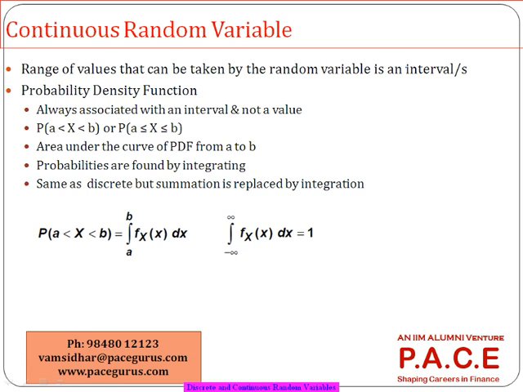See, if I say the number of claims made in a year, probably that can be discrete. I can say 0 claims are possible, 1 claim is possible, 2 claims are possible, and at the max, let's say some 10 claims are possible. I can still look at it as a discrete random variable.